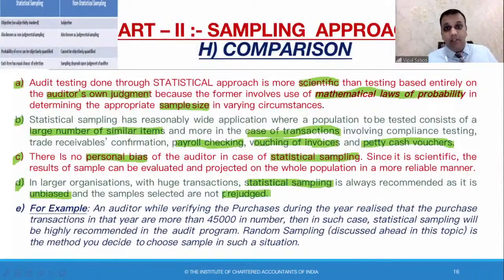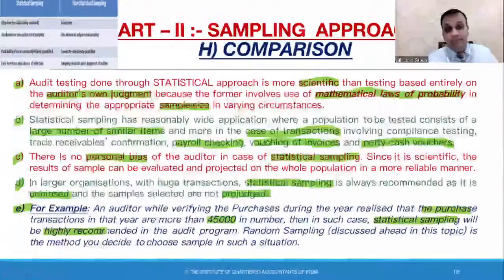For example, an auditor is verifying the purchases during the year, and he realizes that the purchase transactions in that year are more than 45,000 in number. In such a case, statistical sampling will be highly recommended.